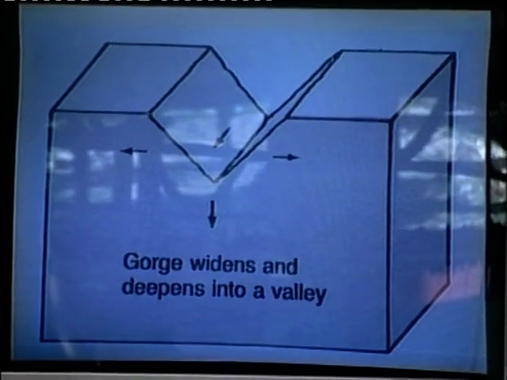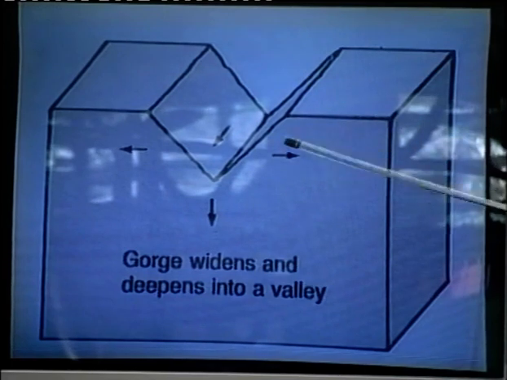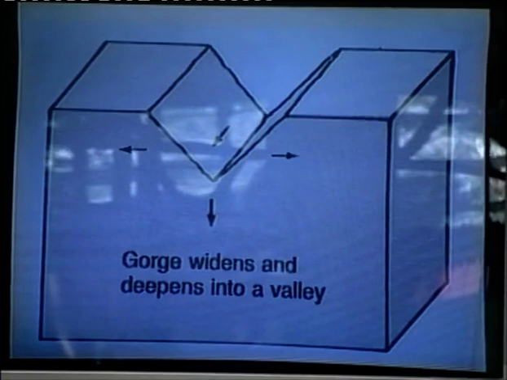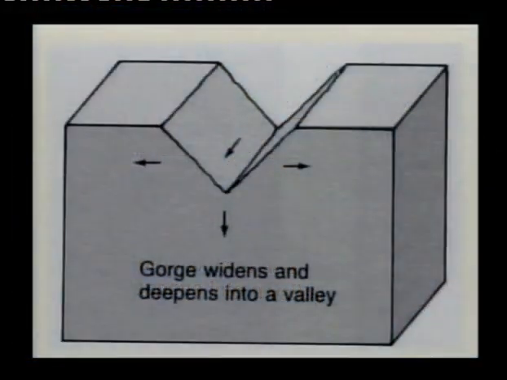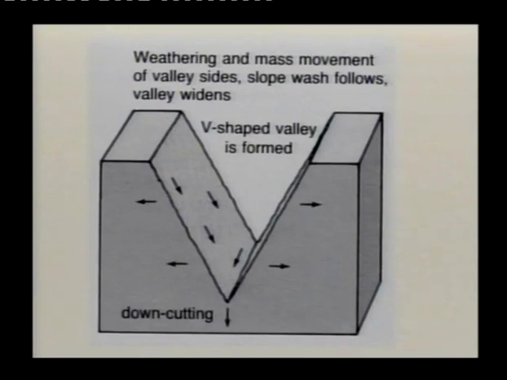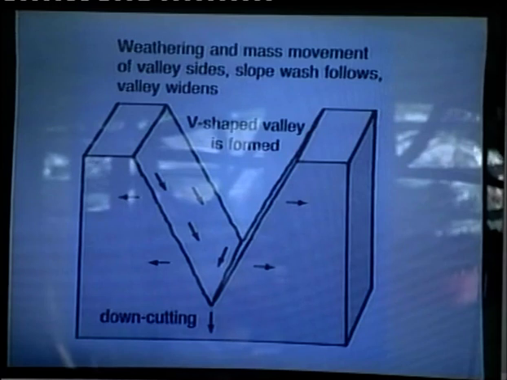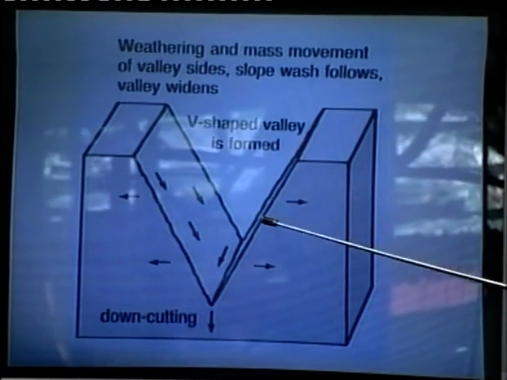And the second step, continuous erosion takes place, forming a V-shape into the river flowing, causing vertical erosion. Okay, the third stage, continuing and forming a deep valley, weathering and mass movement of valley sides, slope wash follows and the valley widens, forming a gorge.